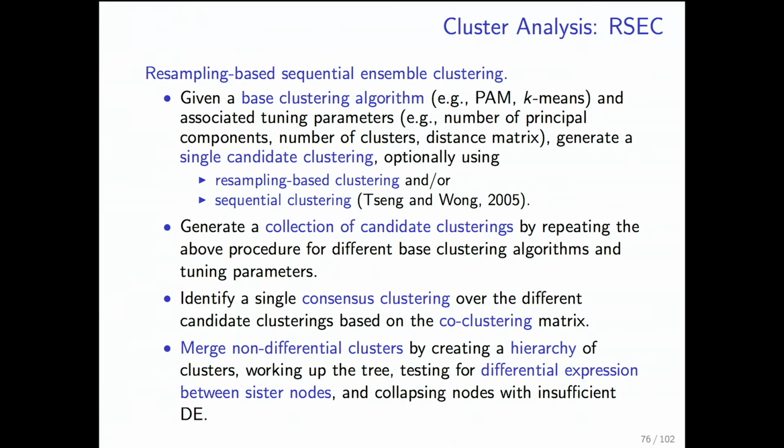I'll show you examples of that in a moment. This often produces many clusters, so we have a pruning back of the clusters. We merge non-differential clusters by creating a hierarchy of clusters, working up that tree, and then testing for differential expression between sister nodes and collapsing nodes that have insufficient differential expression.